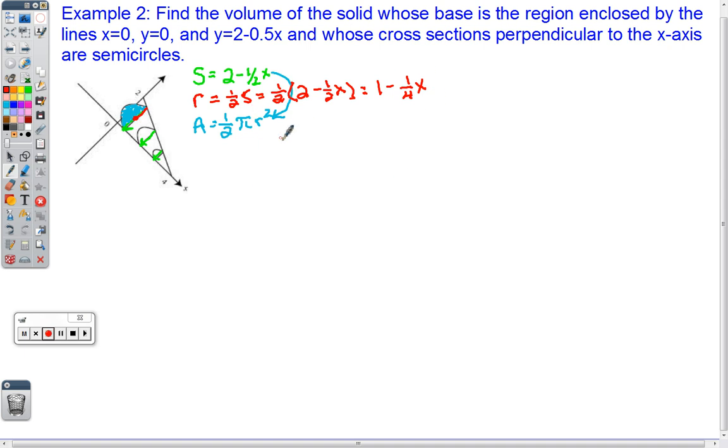If you decide not to do that, notice that you'll get 1/2 pi times 1/2 s squared. 1/2 squared is 1/4 s, and 1/2 times 1/4 is 1/8. So you'll get 1/8 pi s squared.